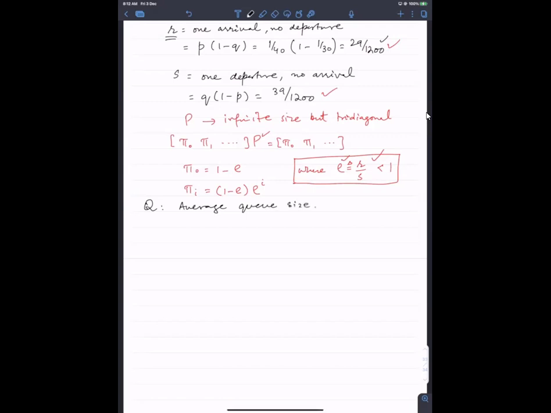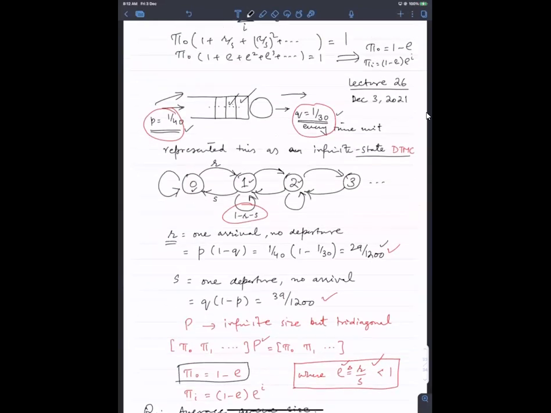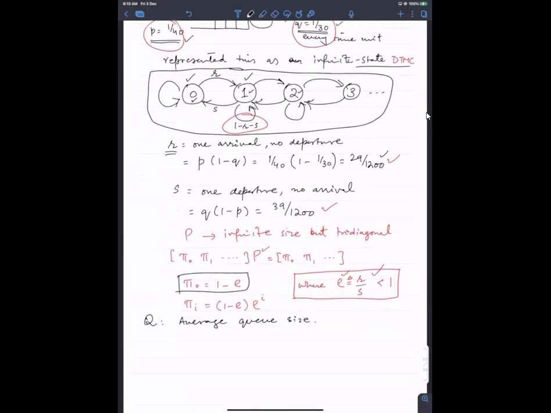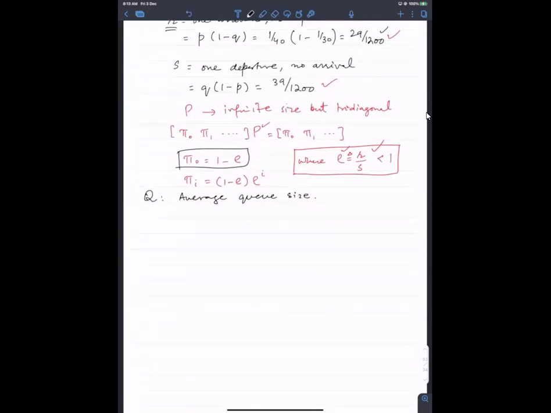Pi zero is the probability. If you look at this Markov chain, pi zero is the probability you will find yourself in state zero. Pi one is the probability you will find yourself in state one. Since rho is less than one, the probabilities of increasing occupancy are decreasing.